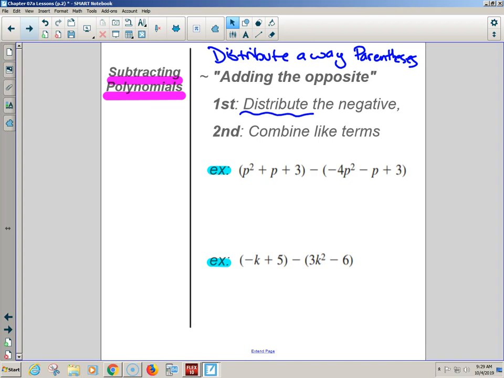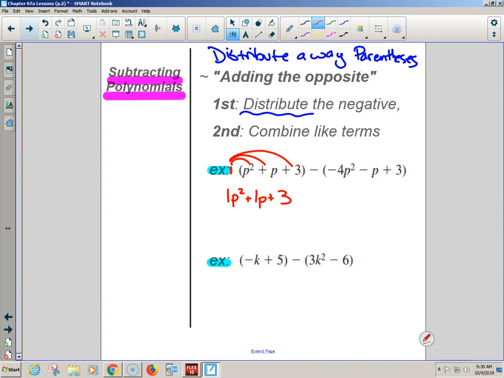Just working all together as a class, how will we distribute away the parentheses? What is in front of this guy? A positive 1. All right, focus back on it and finish off these 2 examples. When we distribute a positive 1, don't we get a 1p squared plus a 1p plus a 3? Because 1 times 3 is 3.